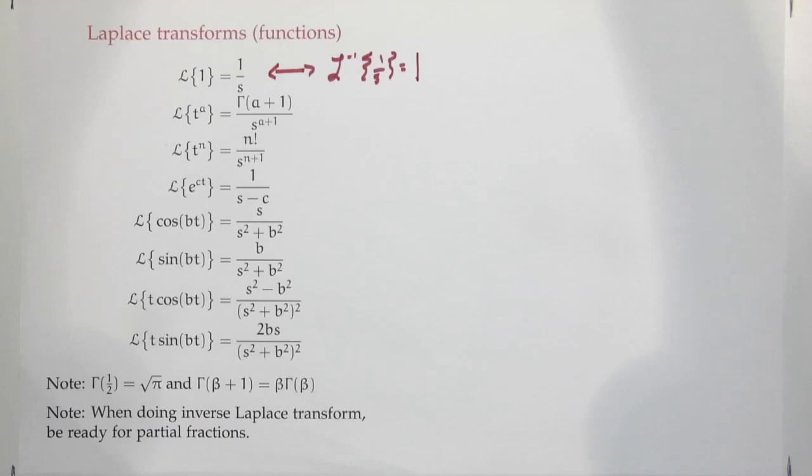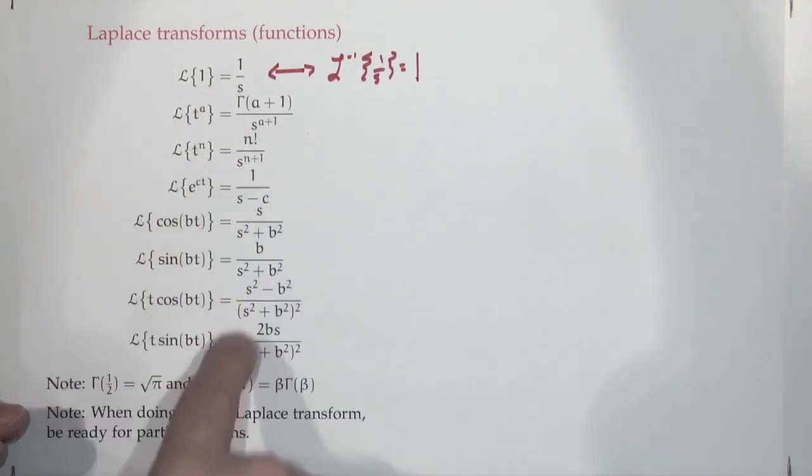We don't put both formulas on the formula sheet, but it's there implicitly. So you want to make sure you recognize things. And so you will potentially see a problem that says, hey, here's some functions. Take the Laplace transforms of these functions.